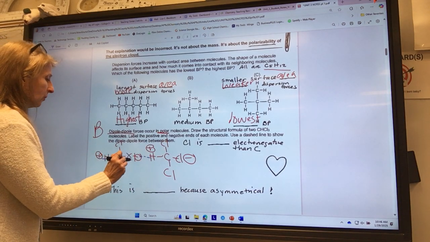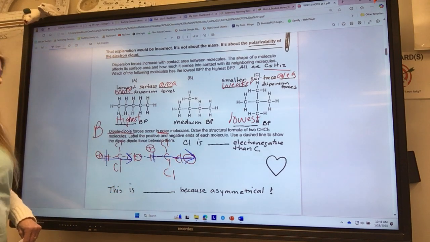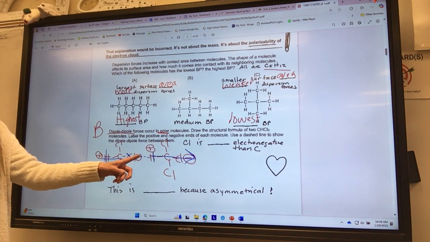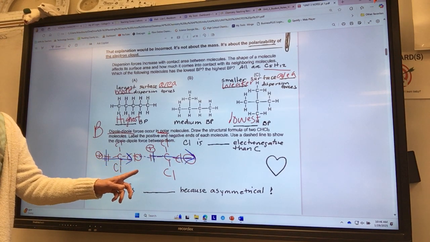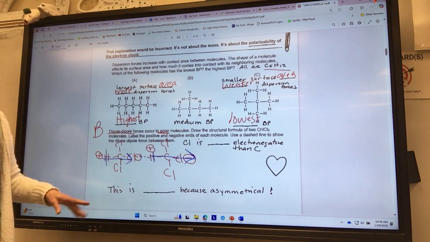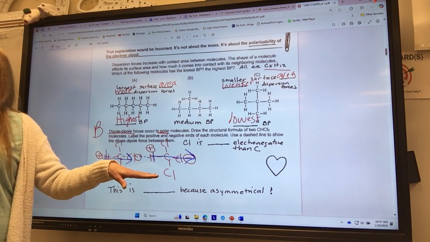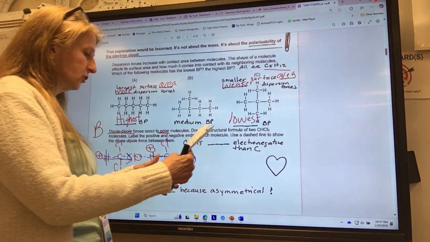And if we look at the polarity of these molecules, it looks like that, right? So this is a dipole-dipole. They're bonded where there's a positive and a negative side. Follow that? So this is stronger.